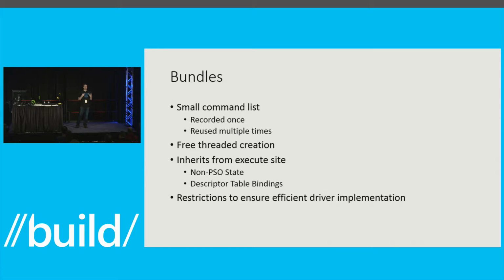So command recording is great, but ideally it's parameterized in some way. Things want to change on screen. And the bundle model allows parameterization of the bundles. And that's where the descriptor heaps and tables come into play. So a bundle of commands can inherit the input table bindings from the parent command list, the parent context issuing rendering commands.